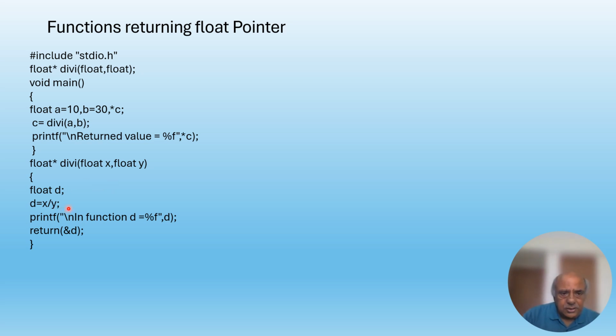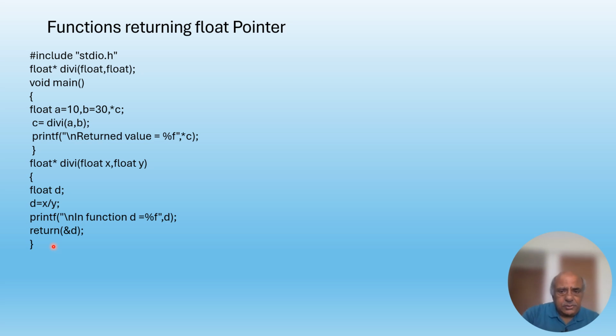That d is assigned the value of the division operation x divided by y. So in this case x is 10, y is 30, so 10 by 30. Then this printf function tells us what is the value of d in the function, and then the address of d is returned by the statement return into the bracket ampersand d and a semicolon, and then this is the closing brace of the function.